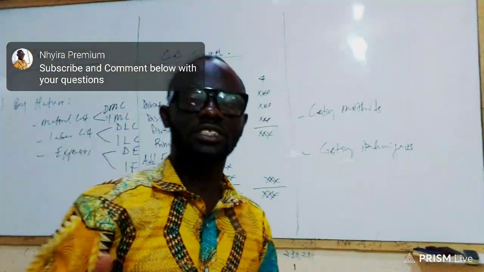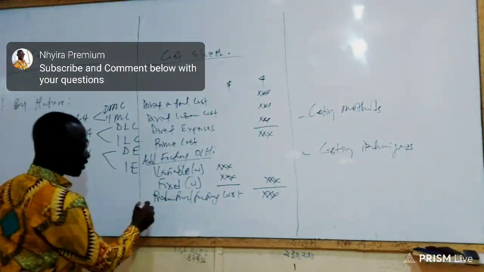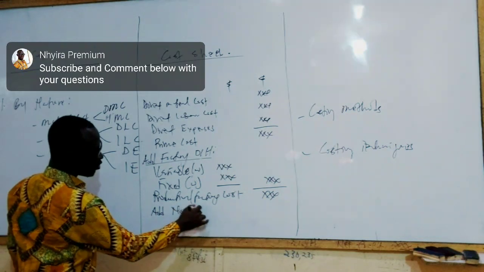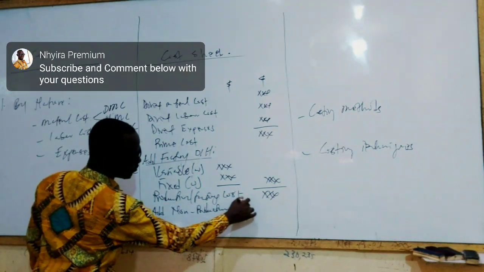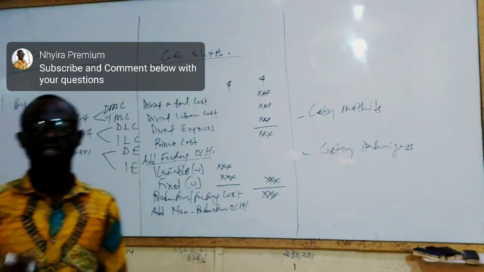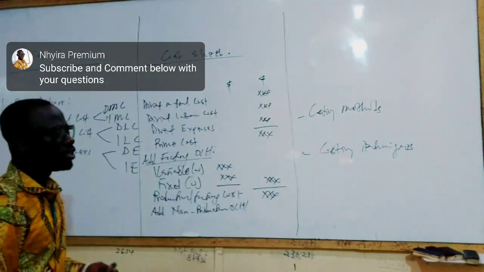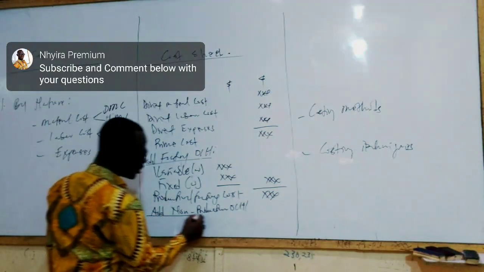The next thing we bring on board is to add non-production overheads. Now, the non-production overheads also include two things.